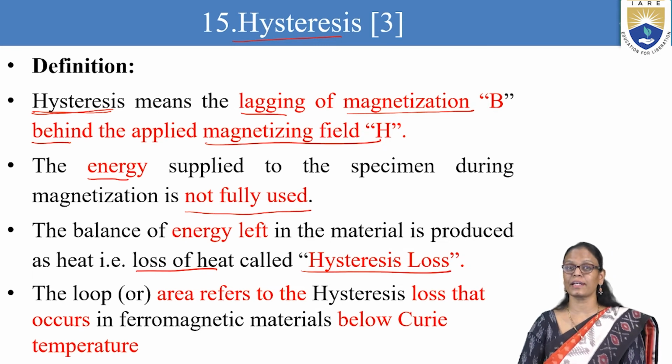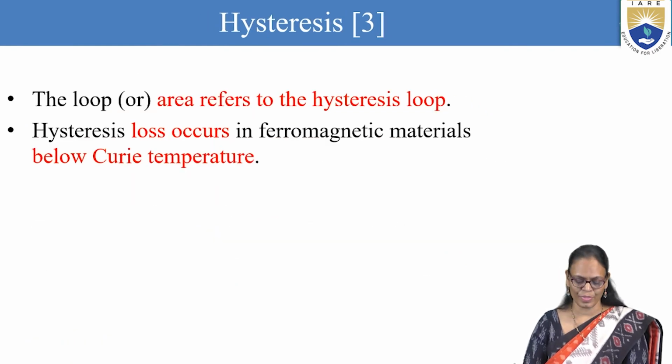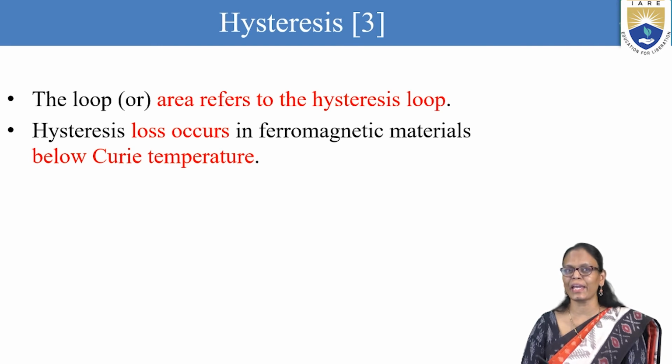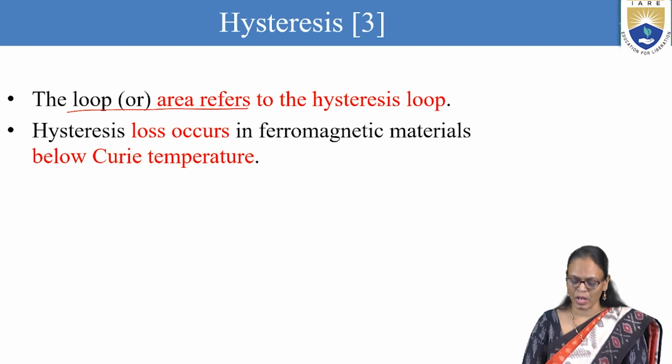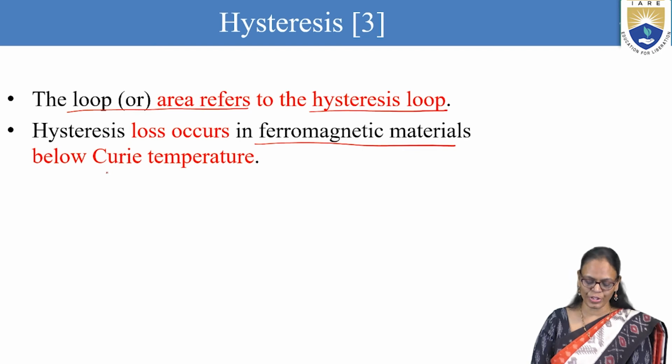The area inside the loop gives us the energy loss. And this happens in ferromagnetic materials below the Curie temperature.